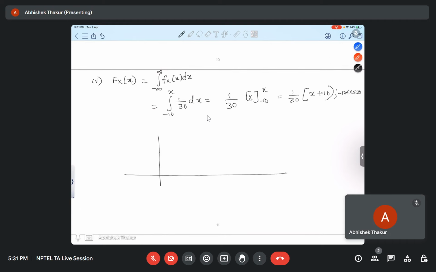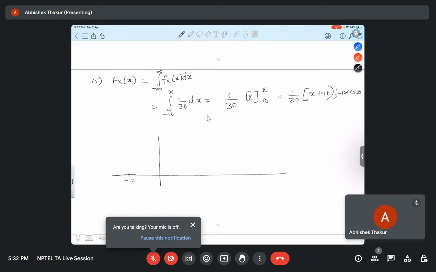So for x less than minus 10, this value is 0. For x equal to minus 10, again this value is 0. And for x equal to 0, the value will be 1 by 3. It will just increase. The slope is 1 by 30.